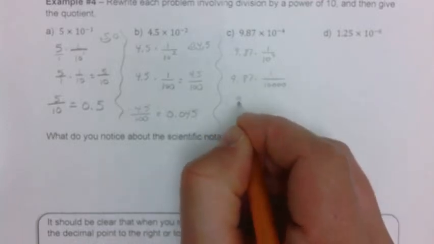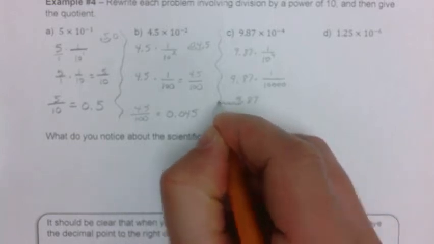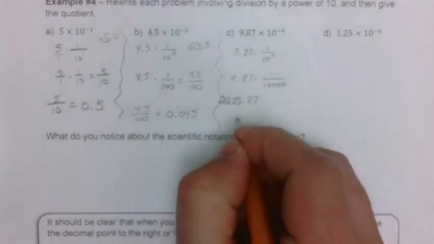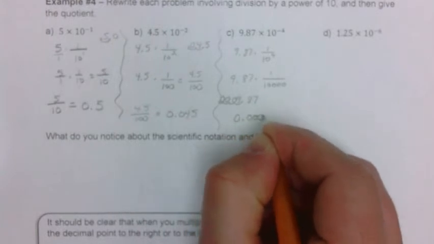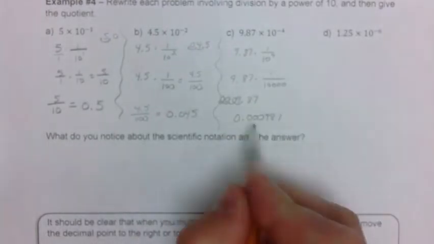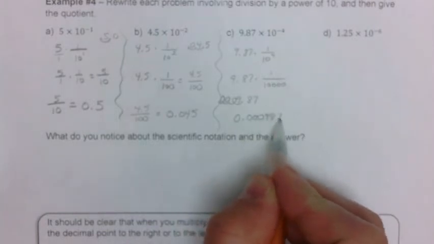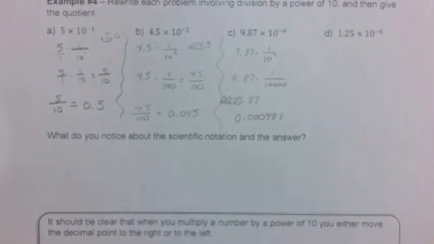So 9 and 87 hundredths, move it once, twice, 3 times, 4 times, and fill in with those zeros. And we get 0.00987: tenths, hundredths, thousandths, 10,000ths, 100,000ths, millionths. This is 987 millionths when we write it as a decimal.